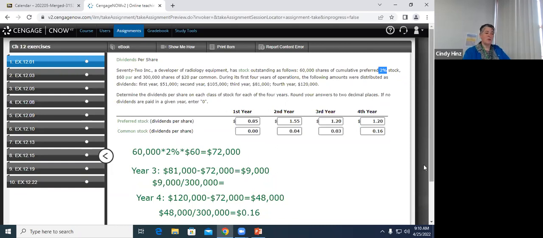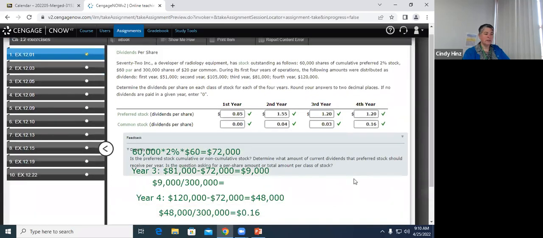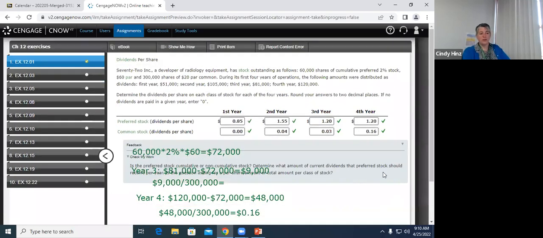Where the common stock, you can see, is variable and more risky, but as the company continues to grow, the dividends may also continue to grow. And so in year 4, the common stock received 16 cents per share as dividends. Check marks in there. Any questions then about dividends, dividend payments?